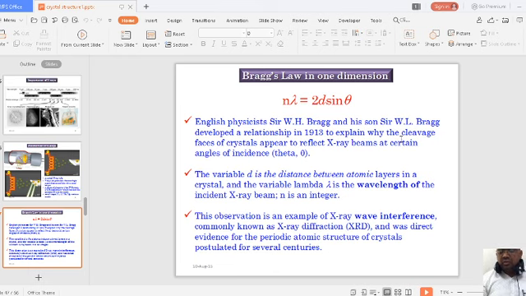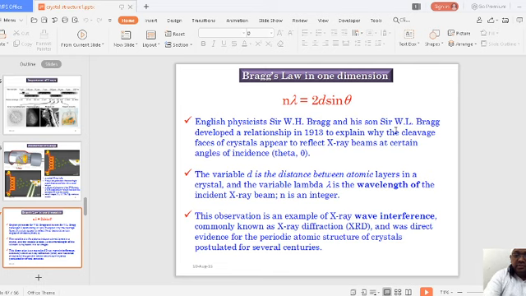Depending upon these conditions, Bragg introduced the condition of the diffraction phenomenon inside the crystal. Whenever X-rays are incident on a crystal, the crystal consists of atoms, and the arrangement of atoms can geometrically be called planes.